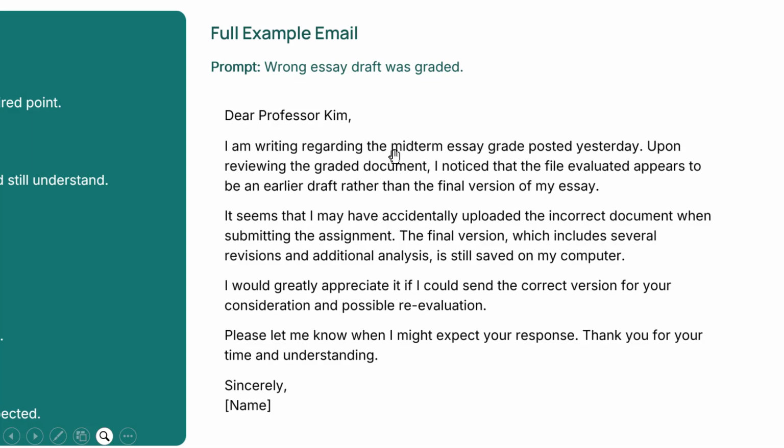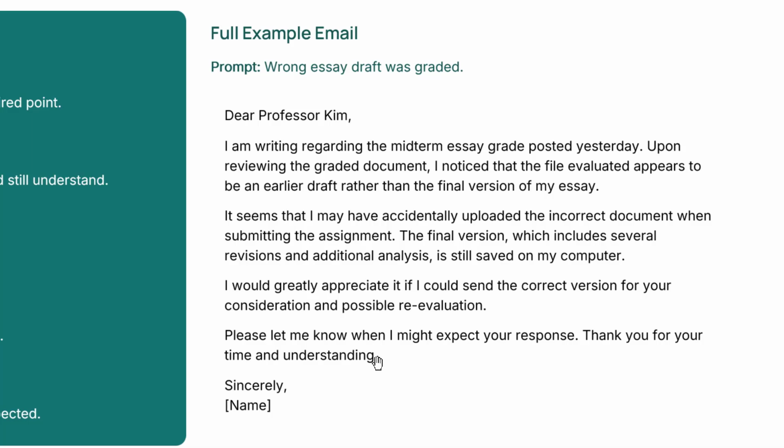So from the beginning, we had the purpose, then it explained the situation, then it requested the action, and now it says when to expect the reply. "Please let me know when I might expect your response." And then we have a closing sentence. "Thank you for your time and consideration." It is polite. It has all the bullet points stated in the prompt.